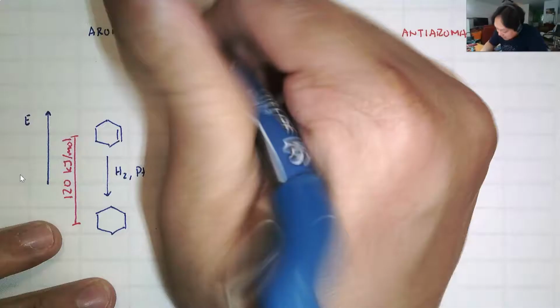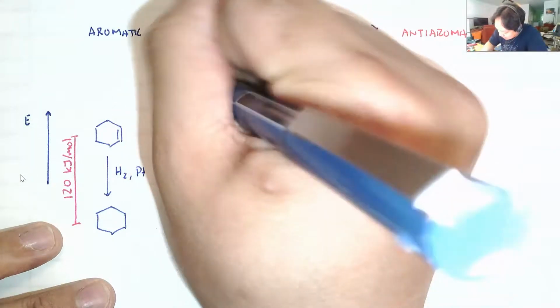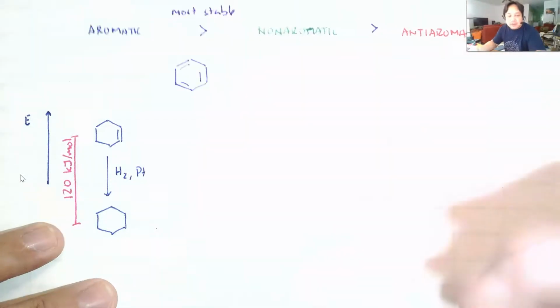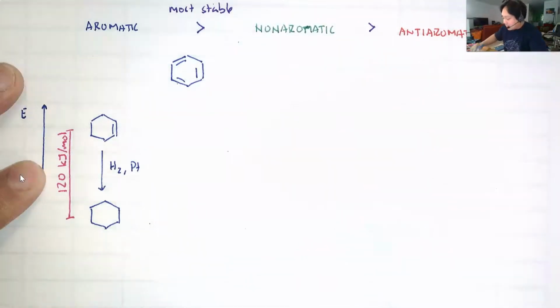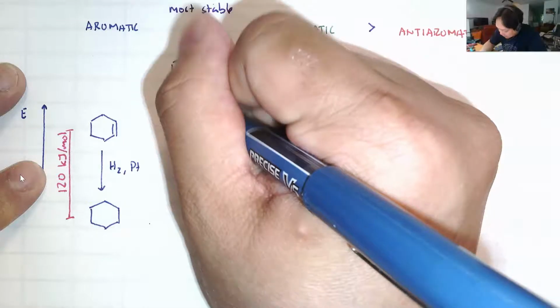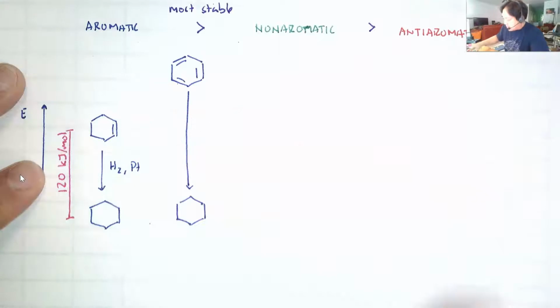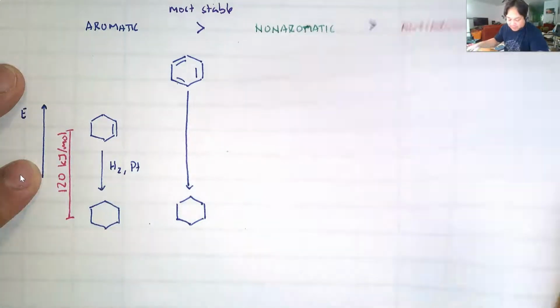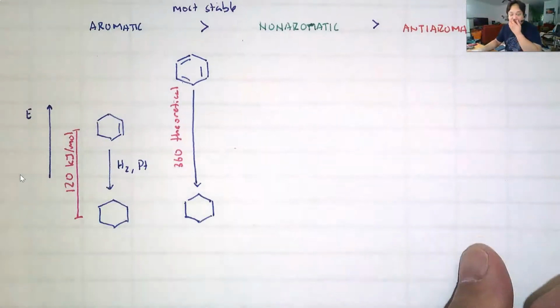Theoretically, if we have benzene way up here, and each of those double bonds hydrogenates and releases 120 kilojoules per mole of energy, then you would predict that this hydrogenation would be 360, theoretically. That just comes from 120 times 3.